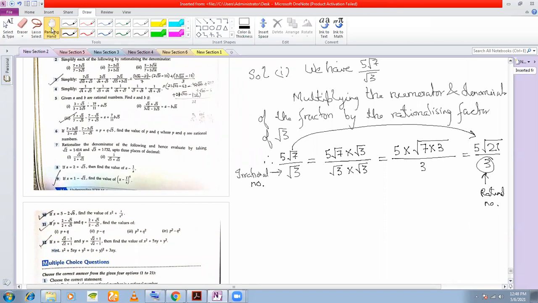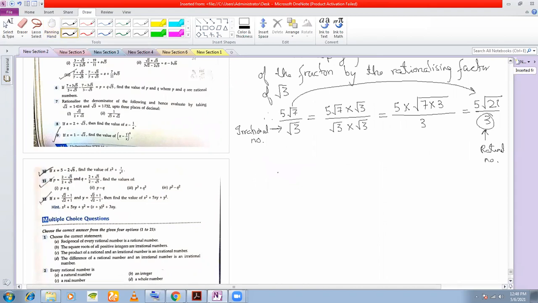Now the question is, why do we actually rationalize the denominator? Why can't we rationalize the numerator? Normally, in most problems, we rationalize the denominator for convenience of calculation. What is the convenience? See here.